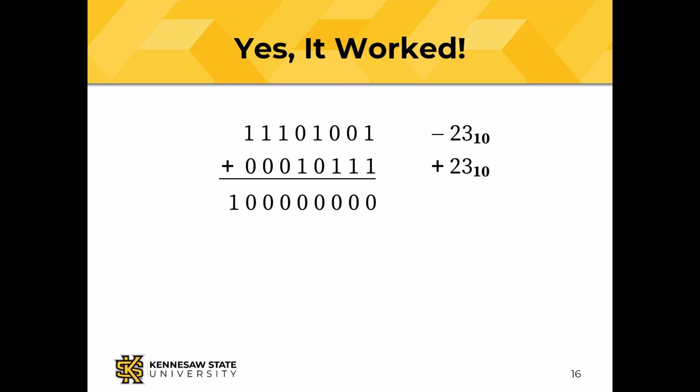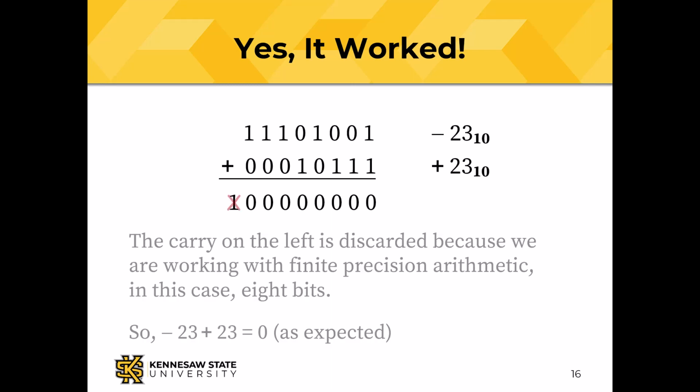You're getting tired of this by now, but 1 plus 1 is 0 with 1 to carry. That carry out of the left is discarded because we're working with finite precision arithmetic, in this case 8 bits, and so minus 23 plus 23 is 0, just as we expect.